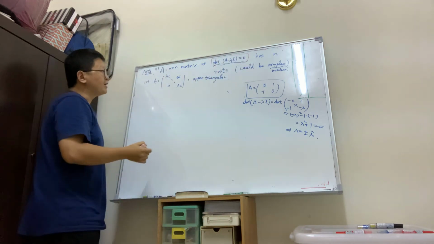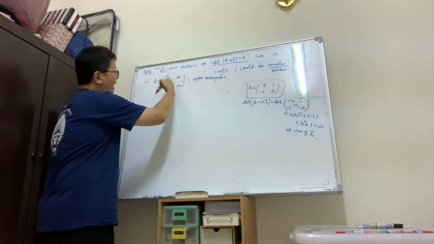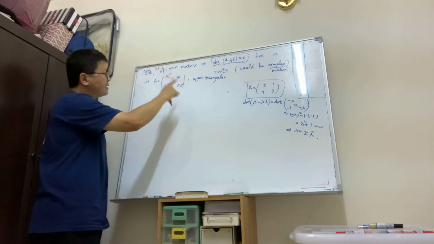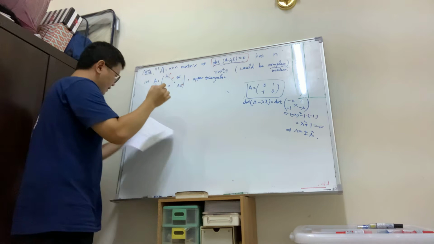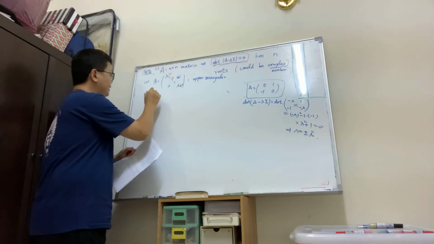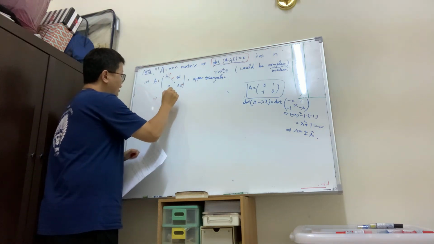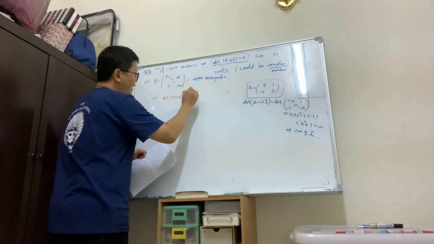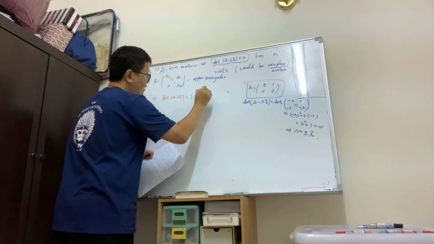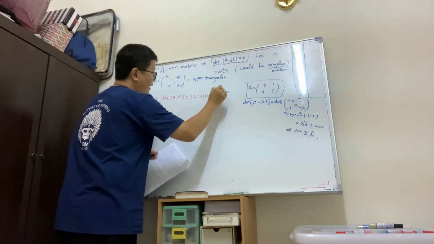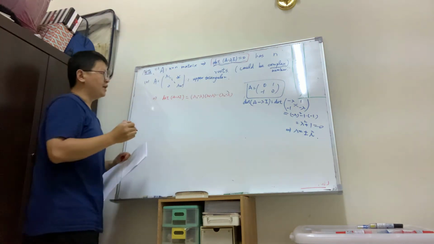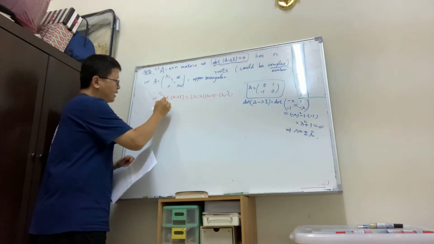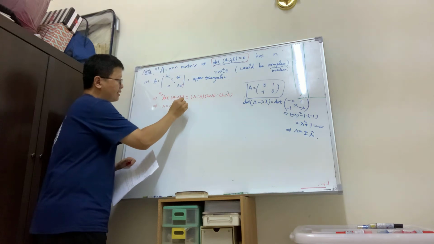Once you consider this, it means that for the diagonal entries, we subtract lambda, and the determinant of A minus lambda I just becomes lambda 1 minus lambda, lambda 2 minus lambda, until lambda n minus lambda. So when you let it be 0, what can you get? Lambda equals lambda 1, lambda 2, until lambda n.